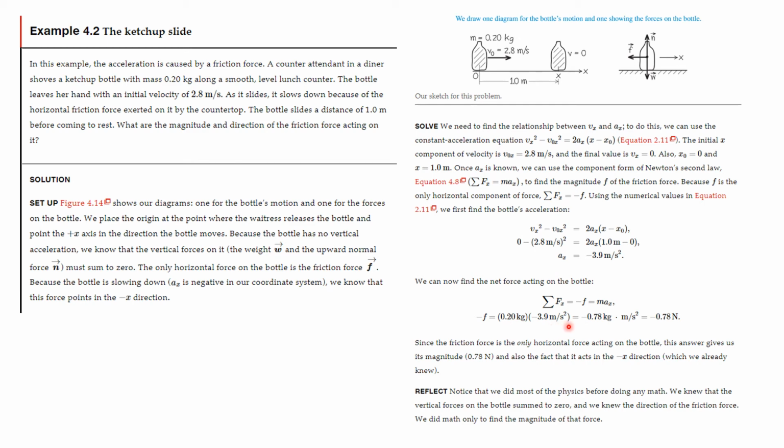We do that calculation, multiply those two numbers, and you note that we get kilogram meter per second squared. So that ends up being newtons, and this is minus 7.8 newtons. Since the frictional force is the only horizontal force acting on the bottle, this gives us the magnitude. And the fact that it acts in the negative x direction was something we already knew from the setup of the problem.